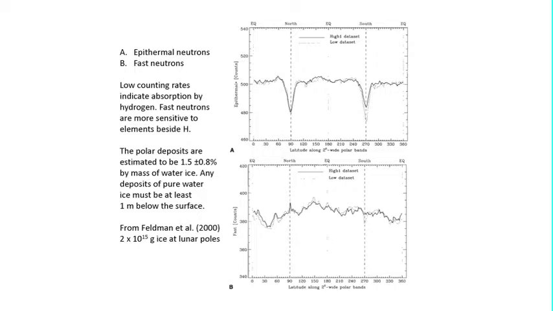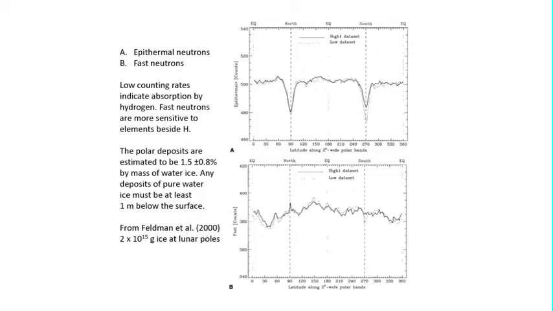Now here's the fast neutrons, which, as I said, sample not as deep. And the poles really don't stand out in this figure. The conclusion is that it's a mixture of soil and ice.